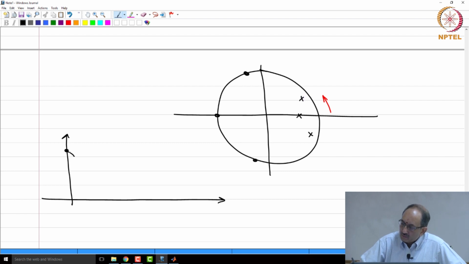Therefore, the gain which was at this point started to decrease, and then again it starts to increase when I am roughly in this neighborhood. And then what I do is I keep going along the unit circle, which means I am going away from this pole. When I am going away from this pole, the gain will start to become smaller because I am going away from this pole.